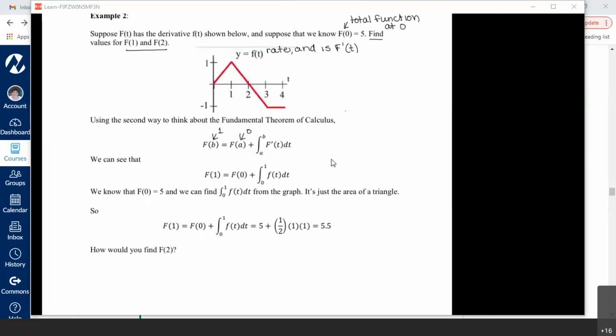We know f of 0 was given to us as 5. That was a given piece of information. And this piece here, we can approximate from the graph or actually calculate, because everything is right angles. This is just asking us for the area under the rate curve from 0 to 1. What's that? That's this.